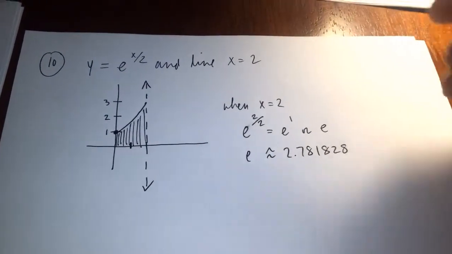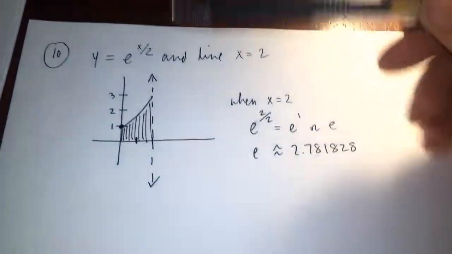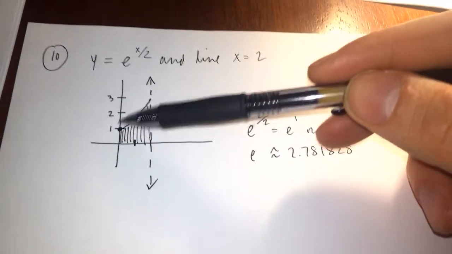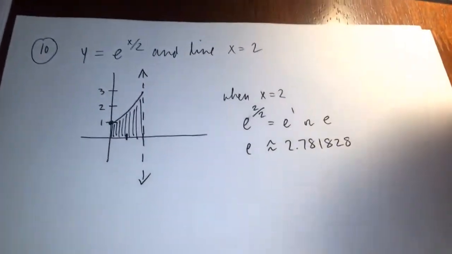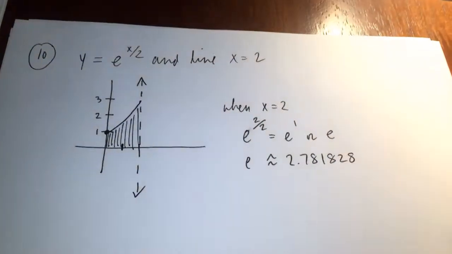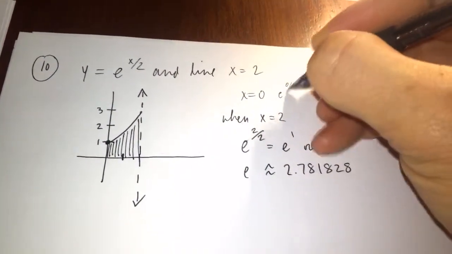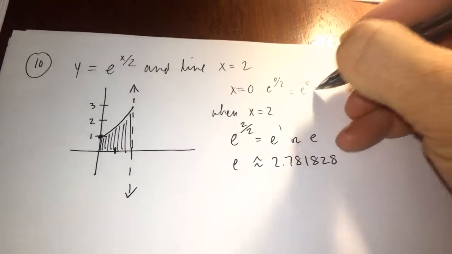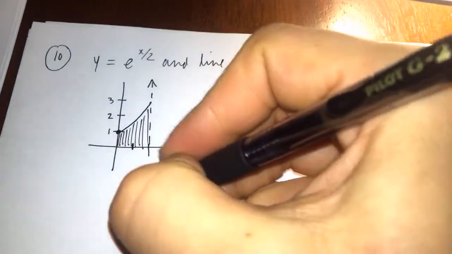For number 10, they want to know where is this graph, to find the area of the region by the first quadrant, basically from the y-axis to this line x equals 2. Now this is a non-calculator question, so you're probably asking yourself, how are you supposed to do it? Well, when x equals 0, e to the 0 over 2 is the same as e to the 0 or 1. Notice I plotted my x equals 2 vertical line.